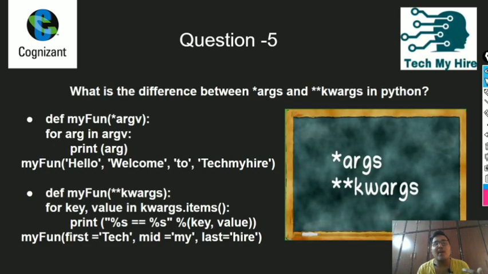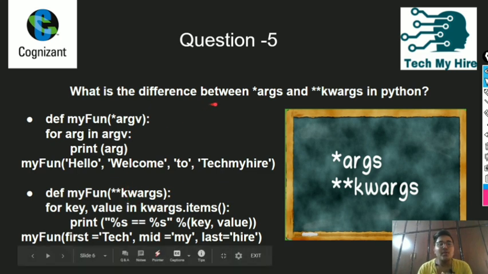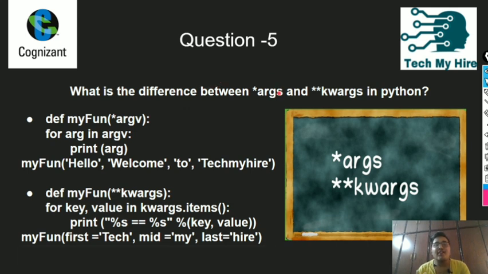The next question is about finding the difference between args and kwargs. As you can see here, when do we use args? We use *args if I don't know the parameters that are being passed to this function in advance. See here I have passed hello, welcome to Tech Mahir. In the next go, I am going to pass only hello.